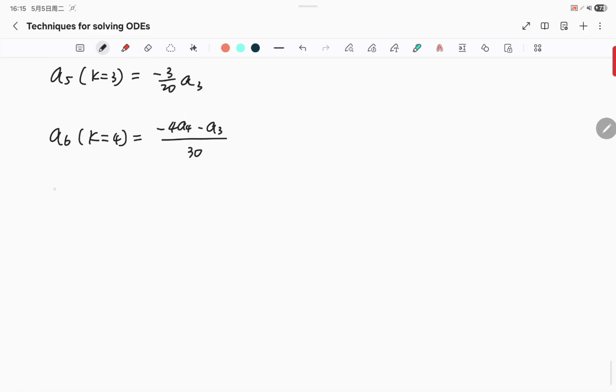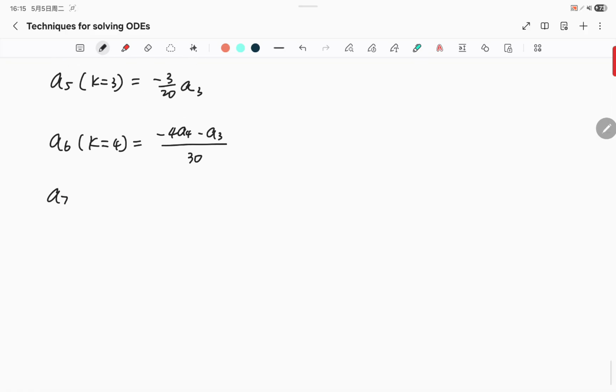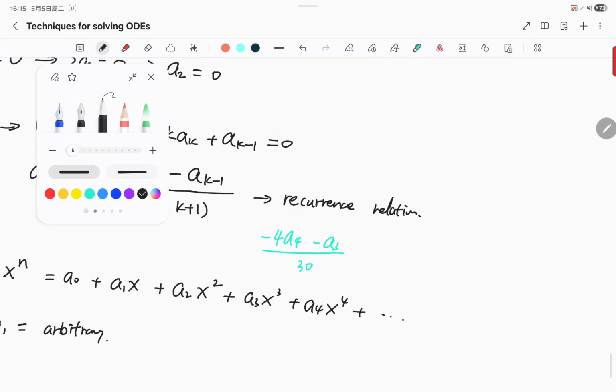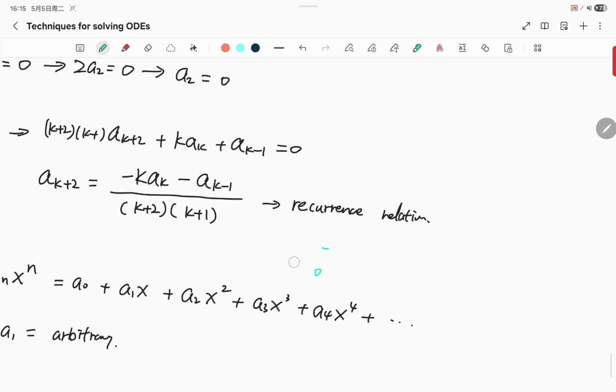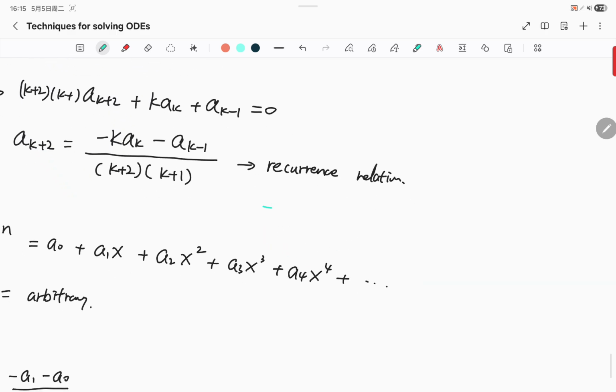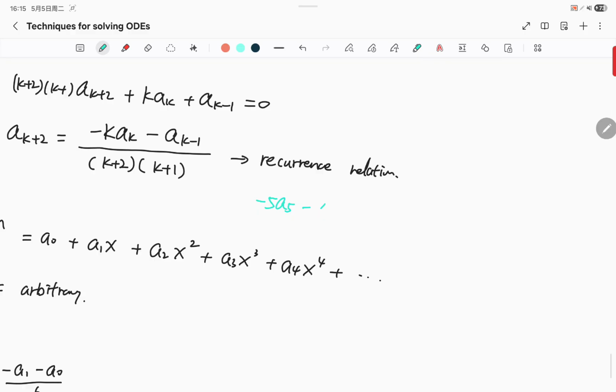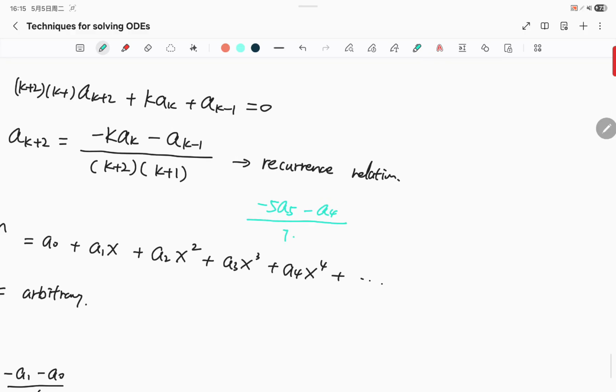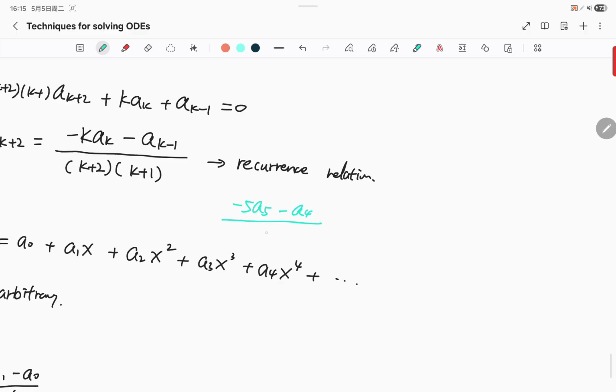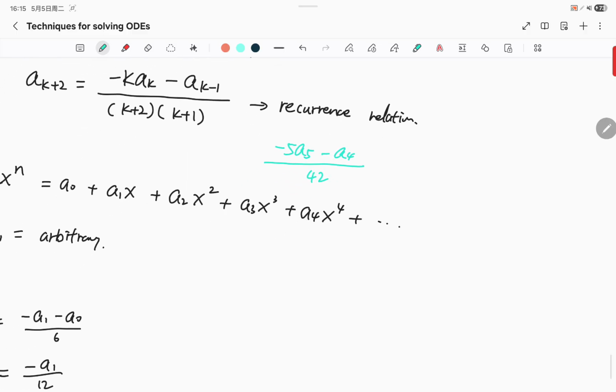How about a7? Let's do one more. This is k is equal to 5. When k is 5, we have minus 5, a5, I'm basically looking at this, minus a4, over 5 plus 2, 7, times 6. That's 42.